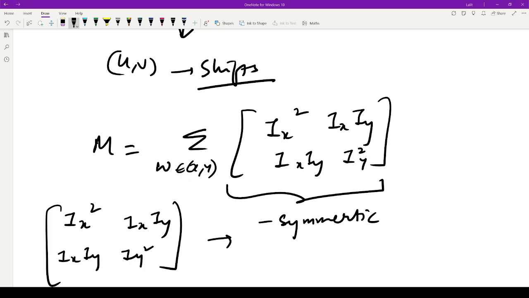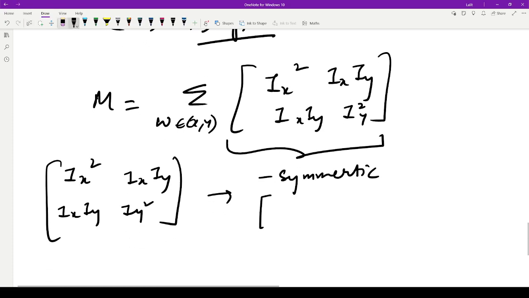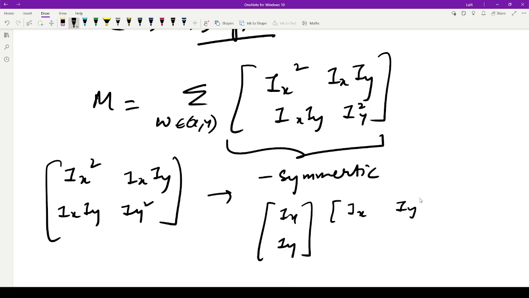It's singular. How did you say that? Its determinant is zero. Okay. Any other way of explaining it? Isn't it an outer product of the gradient? Ix, Iy is the gradient along x and y direction, and this is just the outer product. Yes.